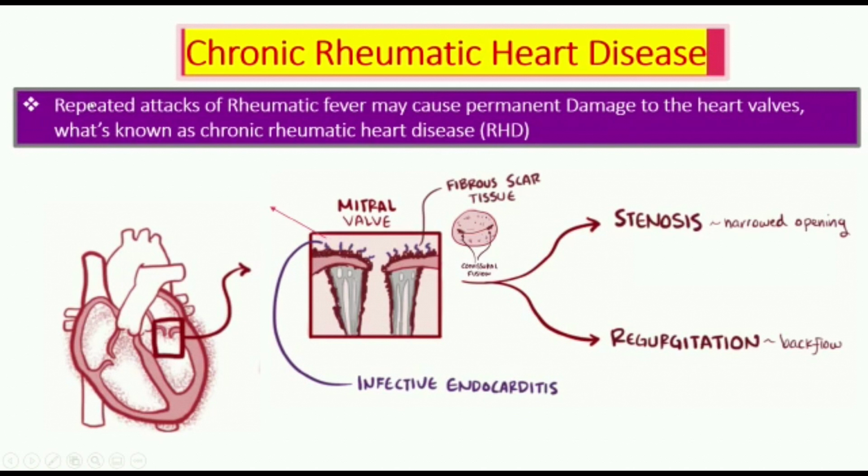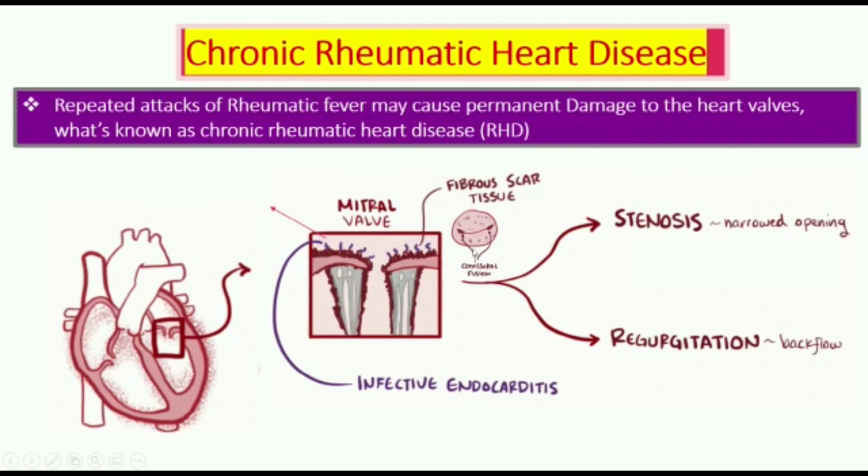So if the patient has repeated attacks of rheumatic fever, this will cause fibrosis and scar formation in the valve leaflet and chordae tendineae, and this will cause fusion of the commissures, causing permanent damage to the heart valve and a disease called chronic rheumatic heart disease.